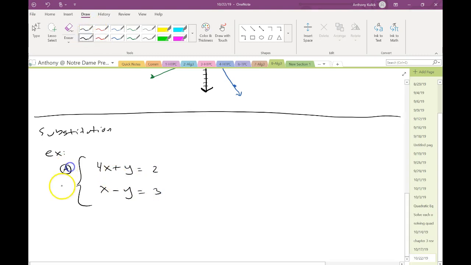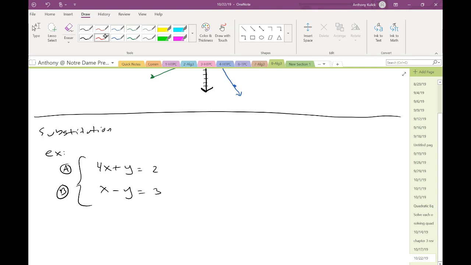And I'm just going to label these two equations A and B, just so I have a better way to communicate and talk about what equation we're interested in here.